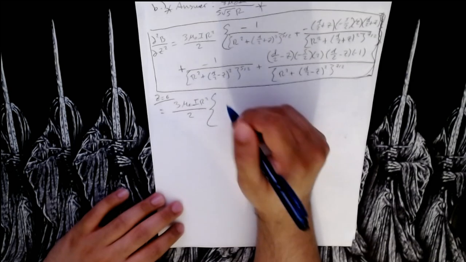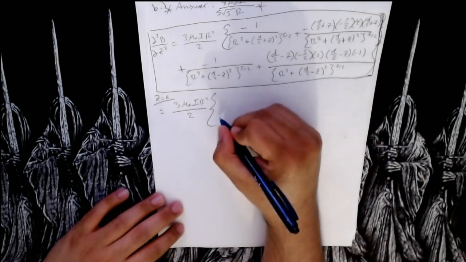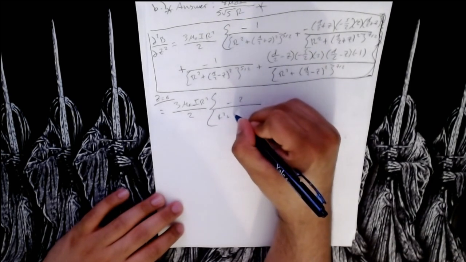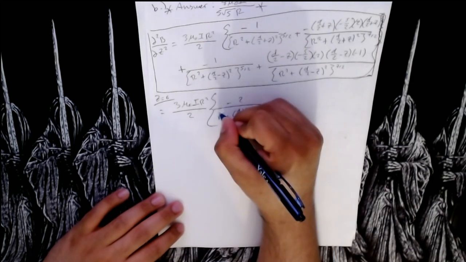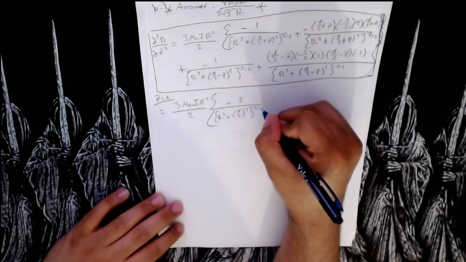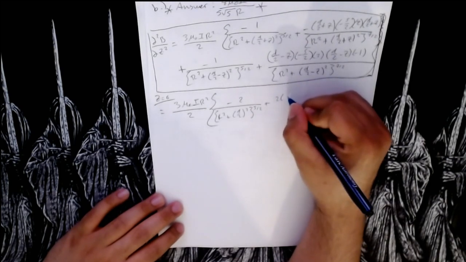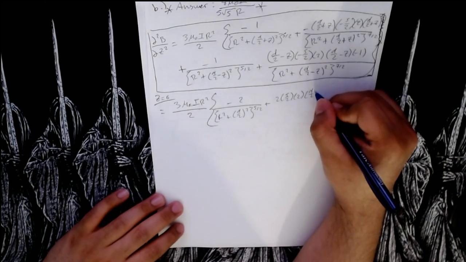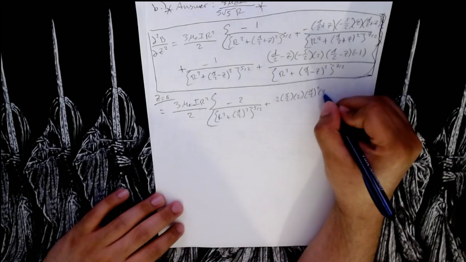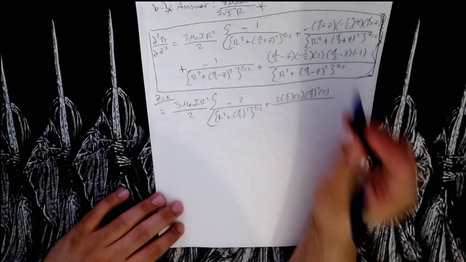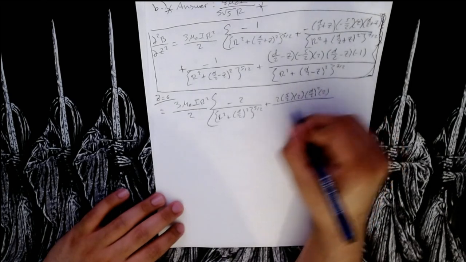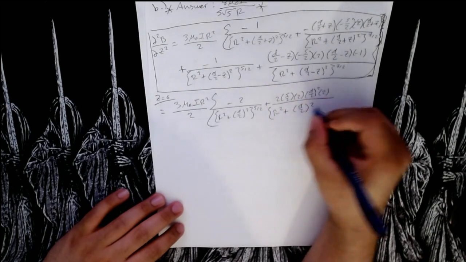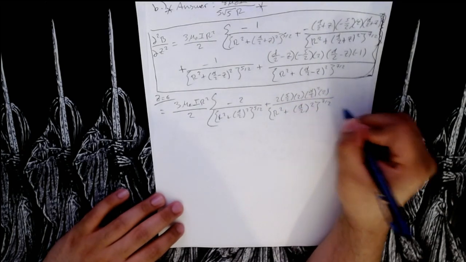We can combine those: negative 2 over (r squared plus (d/2) squared) to the 5/2, plus 2 times 5/2 times (d/2) squared, all of that over (r squared plus (d/2) squared) to the 7/2.